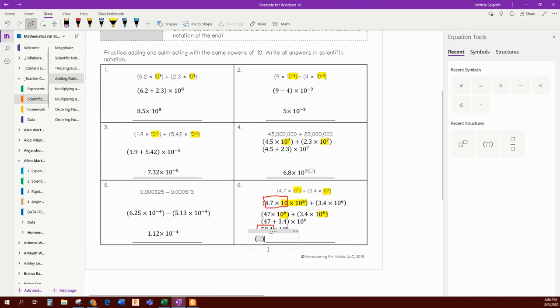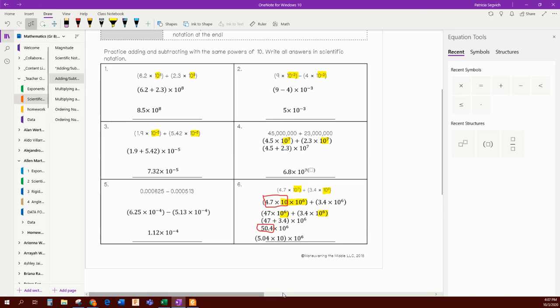So we are going to have 5.04 times 10, and this is all times 10 to the 6th.